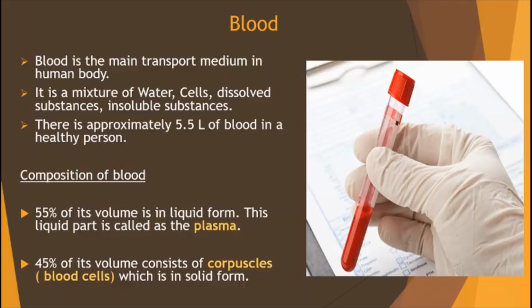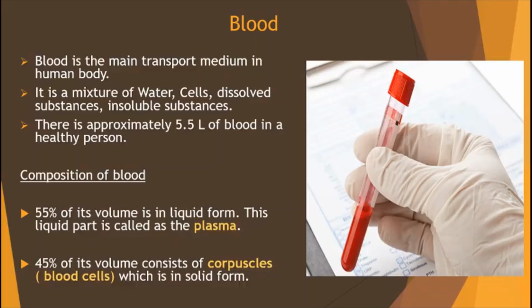It is a mixture of water, cells, dissolved substances and insoluble substances. There is approximately 5.5 liters of blood in a healthy man and nearly 5 liters of blood in a healthy woman.